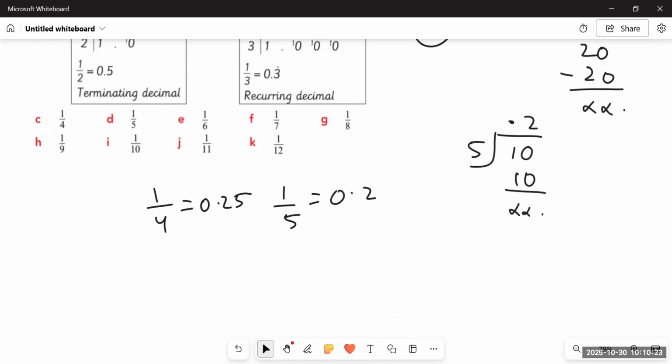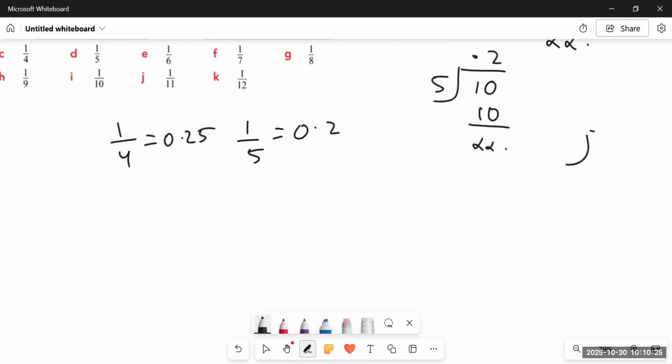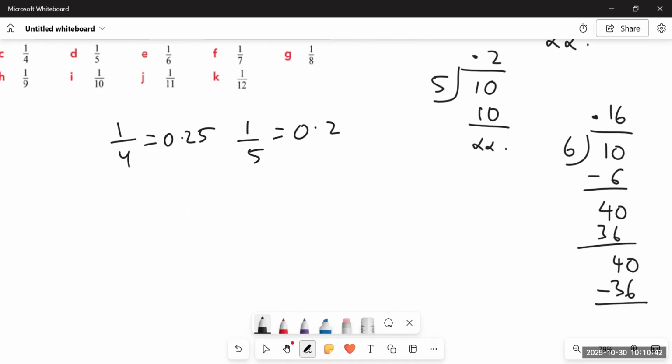Let's check 1 over 6. When we divide 1 by 6, here comes the point. 6 ones are 6. 4 is the remainder. We'll put a 0, and then 6 6s are 36. Every time we will get 4 as the remainder, we'll put a 0 using the decimal and multiply by 6 to get 36.